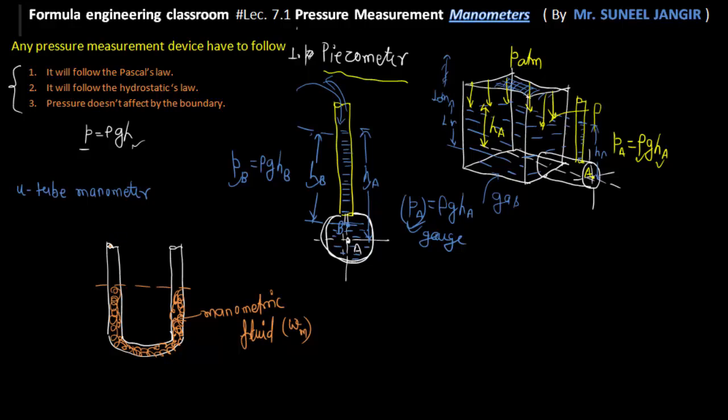So obviously in this case, when initially this U-tube manometer is open to atmosphere on both the limbs, I am saying this is the left limb, and this is the right limb.